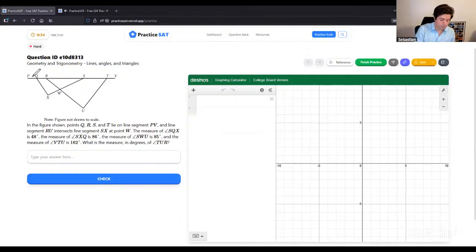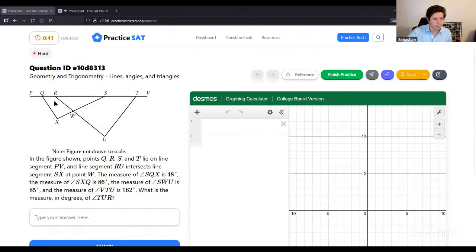Let me zoom in a bit too. All right, so we're going to have 48.